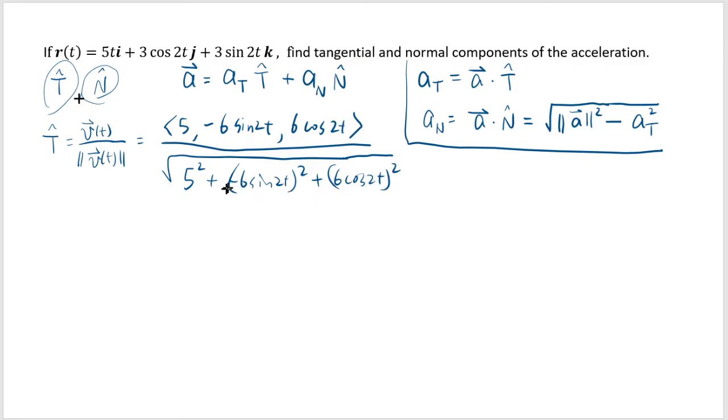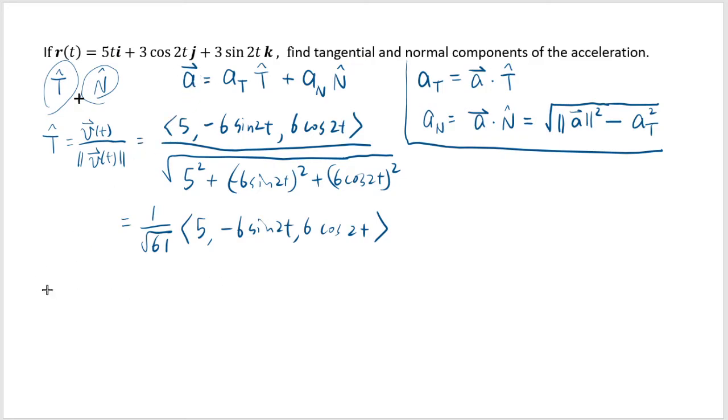So 36 plus 25 gives you 61. So this becomes 1 over square root of 61 times (5, negative 6 sine 2t, 6 cosine 2t). Now that can be applied to find the acceleration.